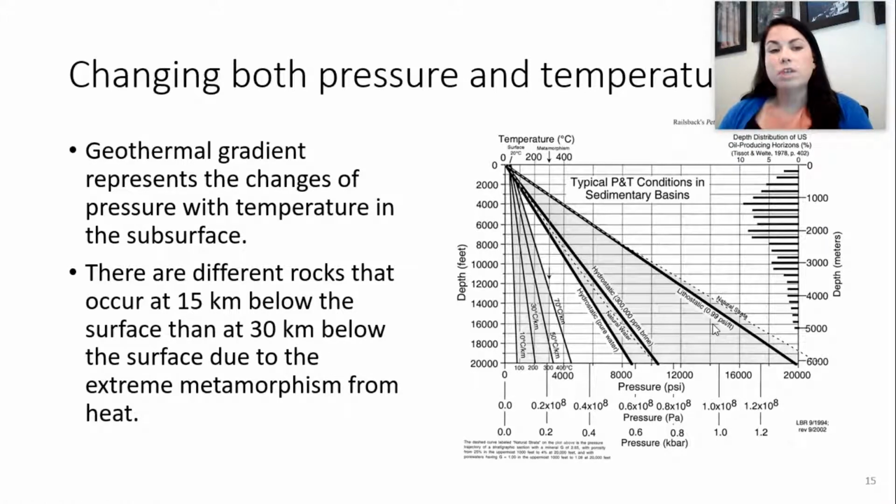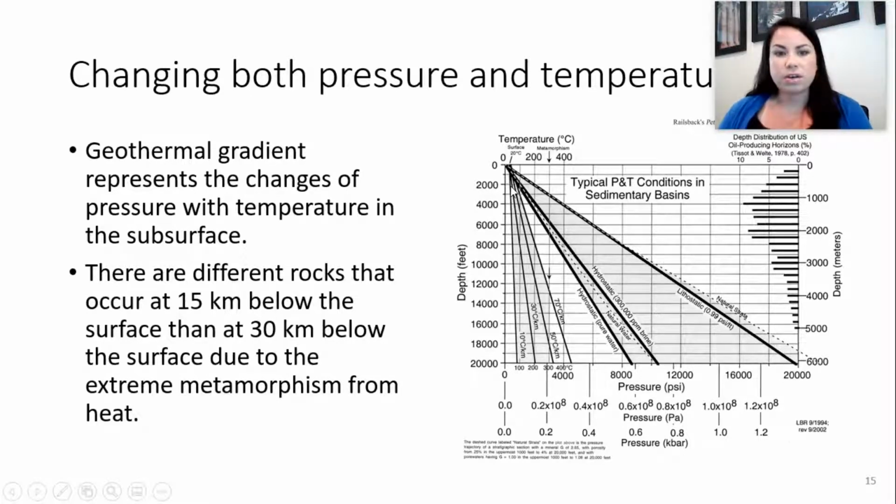So when we have changes in both pressure and temperature, we can express that in what we call a geothermal gradient. And this is something that we see in the subsurface. So the plot here on the right is a general geothermal gradient of the subsurface. We can see that it's linear, and that these different gradients affect different types of rocks at different slopes.